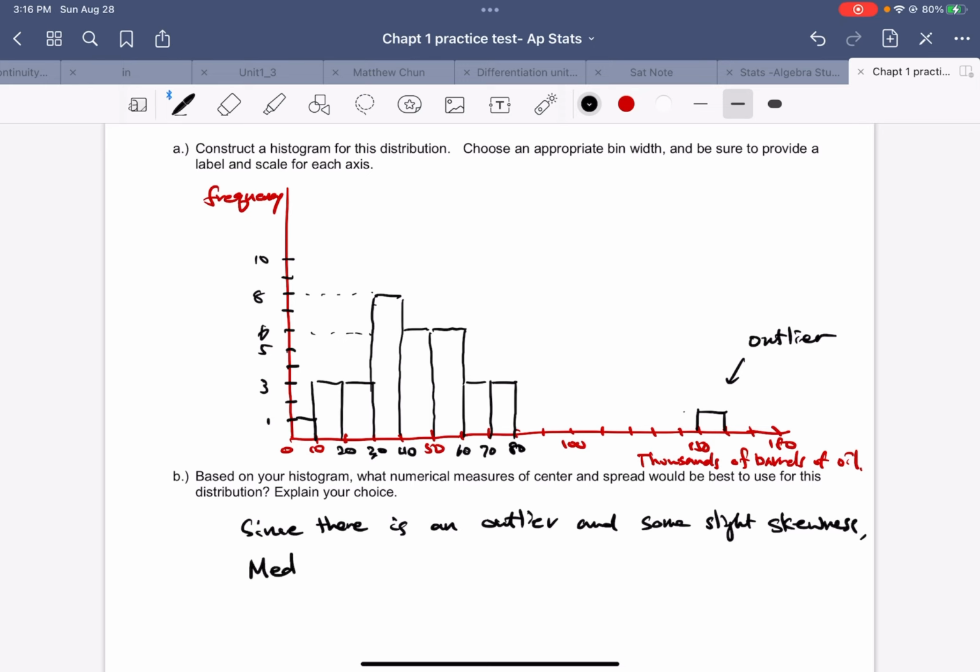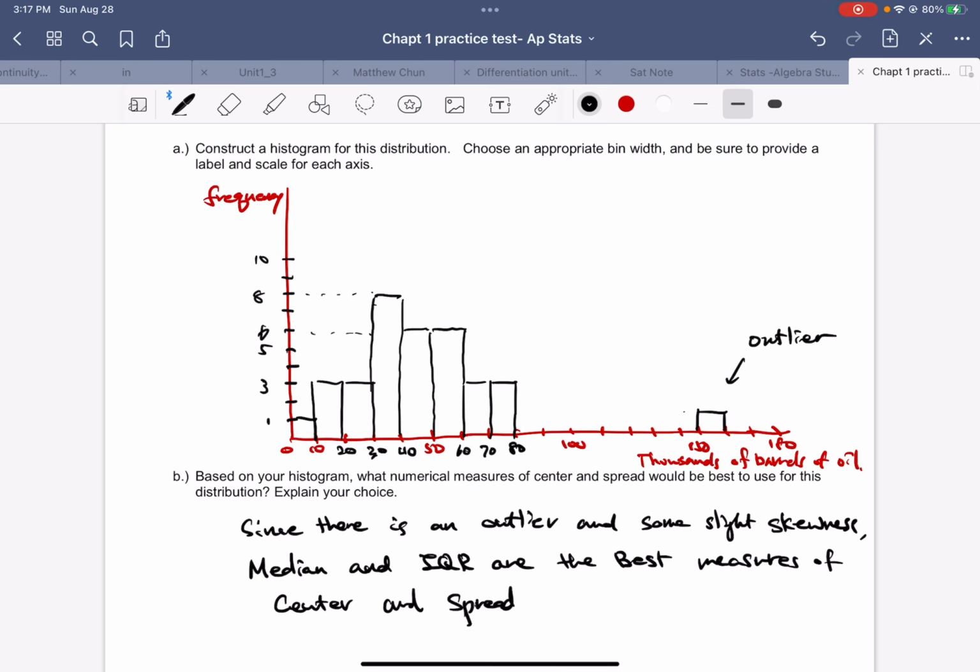median, okay, not mean, median, and also for spread, interquartile range. Median and interquartile range are the best measures of center and spread. Okay, spread.